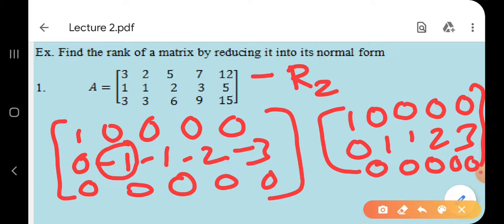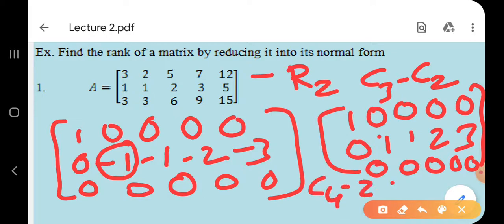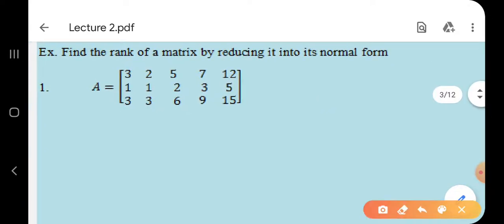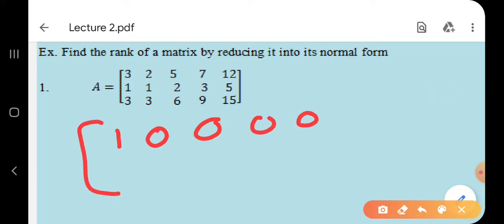Now use column operation. C3 minus C2. Next one is C4 minus twice C2. Concentrate on C2 only. Use this one to make the 0. Then C5 minus thrice C2. Right? And which matrix do we get? Yes, 1 0 0 0 0, 0 1, other 0.